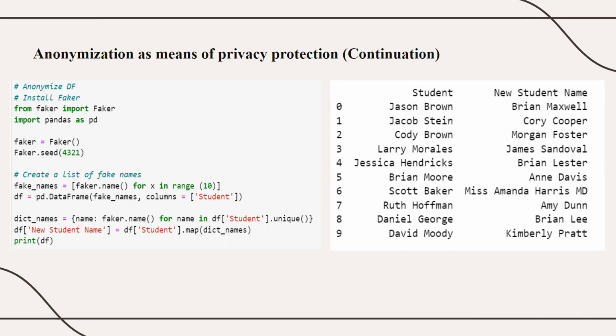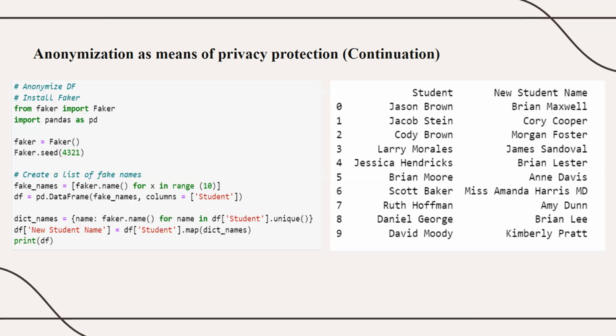Then we move forward to create a list of fake names using the Faker library, and we can store this list of fake names in a data frame, more like a mini database, where we'd have it nicely arranged into columns and rows.